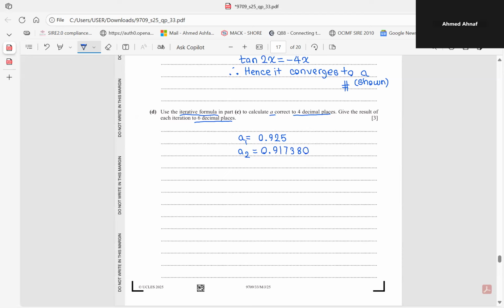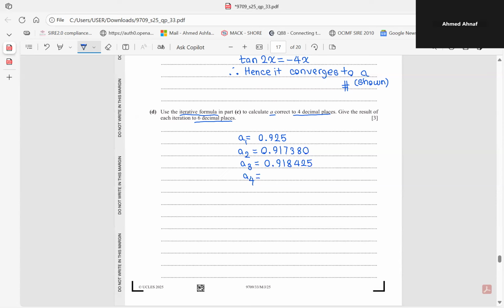Bear in mind that each iteration would obviously be different, depending on what your initial value is. Okay, and then to get the second one, you press the equals button again. So you get 0.918425.